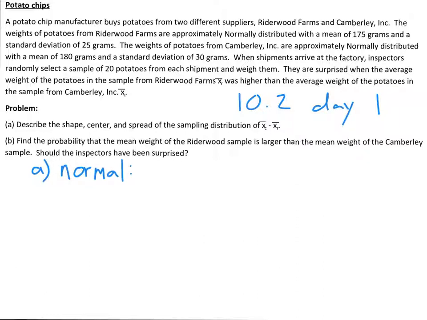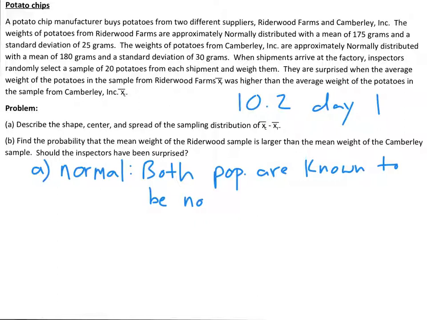Talk shape, center, spread. So for the normal condition, notice both sample sizes they took for these potato manufacturers, Riderwood and Kimberly, are both less than 30, but it did say in there that both populations are known to be normal. And if that's the case with means, you can use whatever sample size you want.